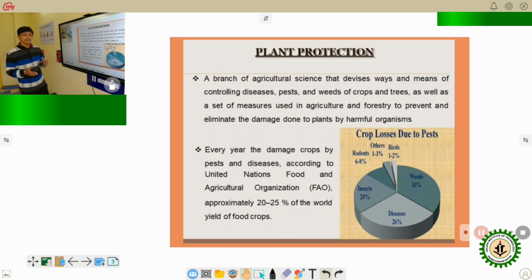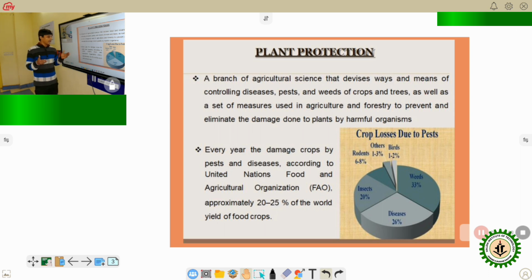If we go to this graph, we can see that there are huge losses of the crop which is produced in our agricultural land. Around 20% of the crop is lost by insects. Around 26% of the crop is lost due to disease, and due to the weeds, around 33%. So this is a huge number.